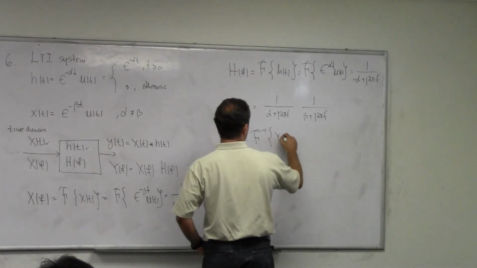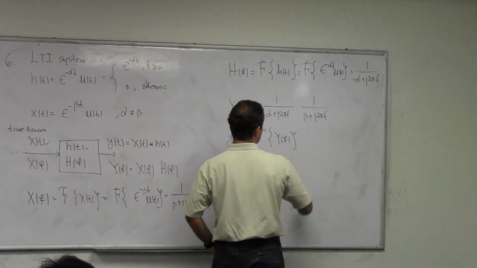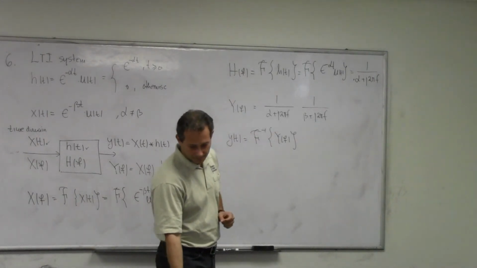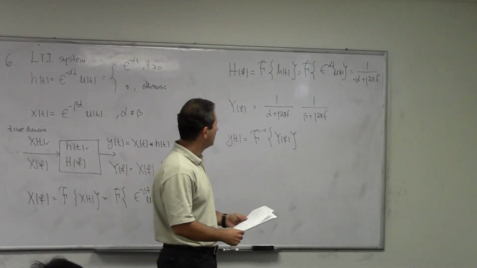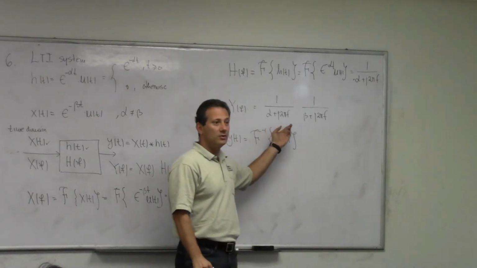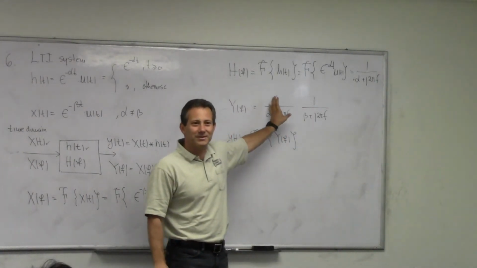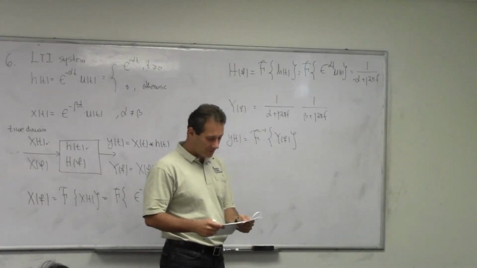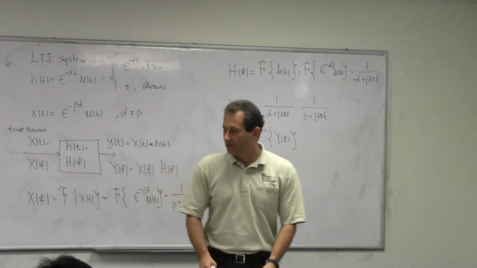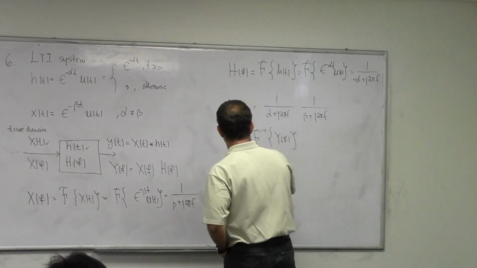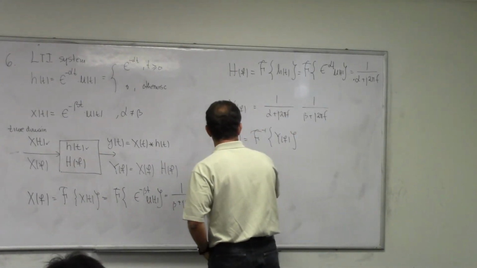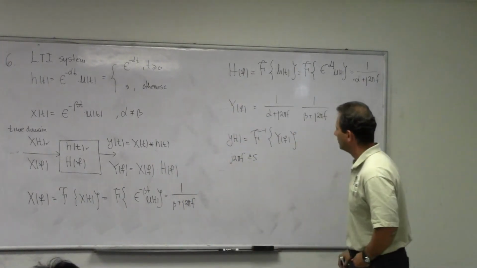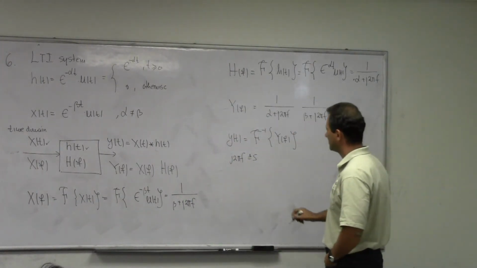We need to determine the inverse Fourier transform of this. How do I determine that? I need to decompose this using partial fraction expansion first, and then take the Fourier transform of individual terms. Let's call j 2 pi f s, so that we save some writing space.